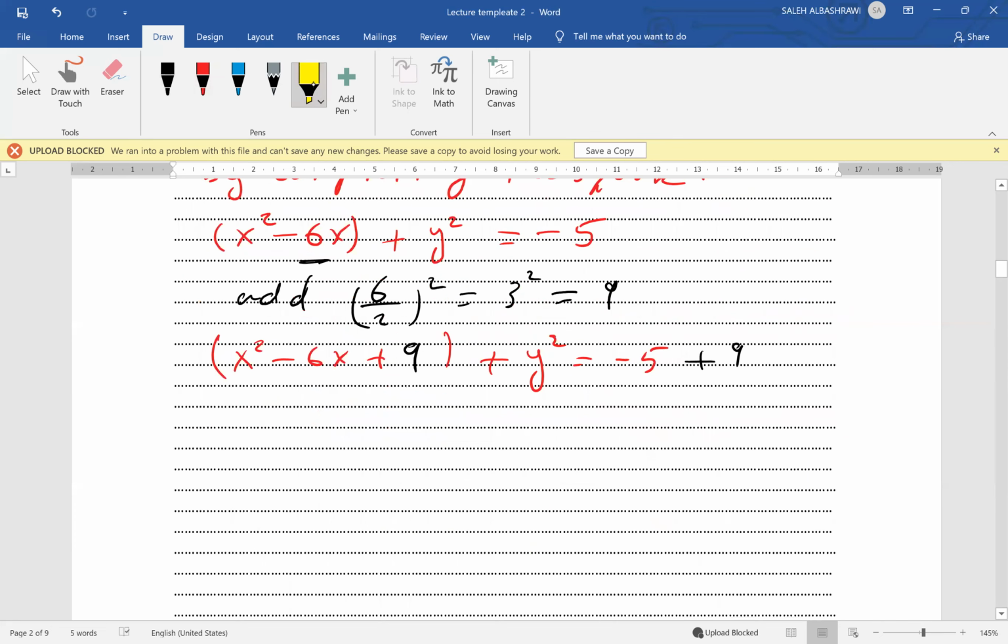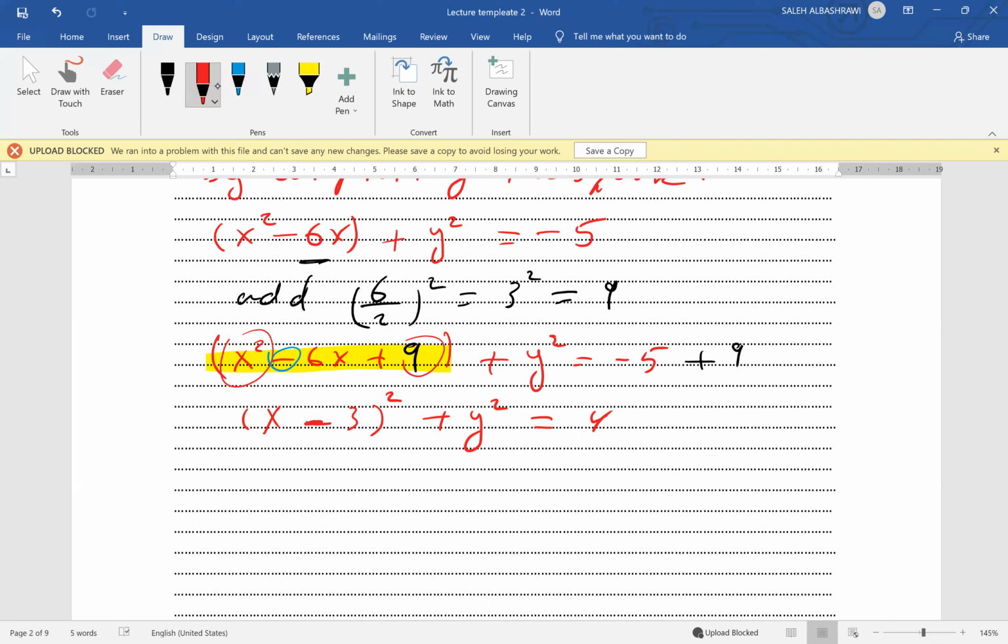Now, x squared minus 6x plus 9 is a perfect square. So it can be written as a bracket to the power 2, equal to 4. Now what is inside the bracket, I will take the square root of x squared and the square root of 9, which is equal to 3, and the middle sign, which is negative.